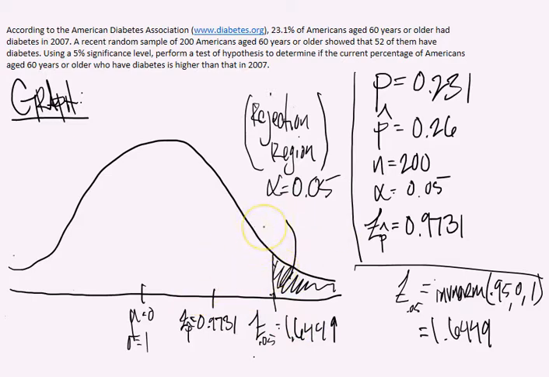Now that we've made a graph, the next thing we're going to do is find the p-value. The p-value is basically the probability that I am at this value or more extreme. As you can see, this area in this case is more than my rejection region.